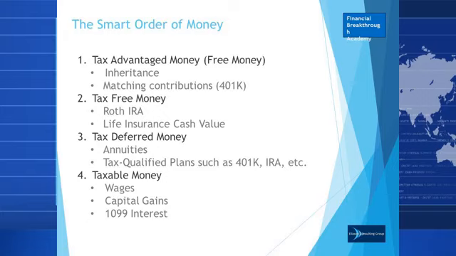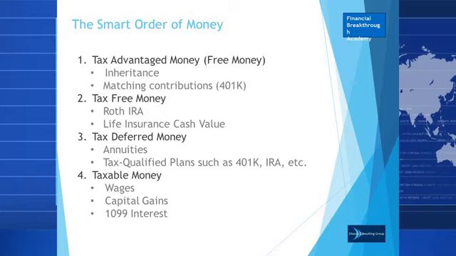So those represent the four areas of money, whether it's tax advantage, tax free, tax deferred, or taxable.